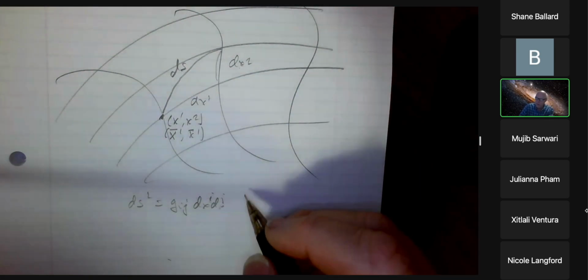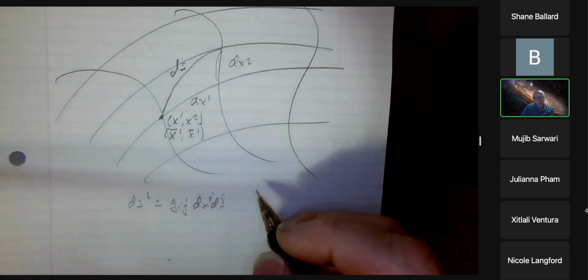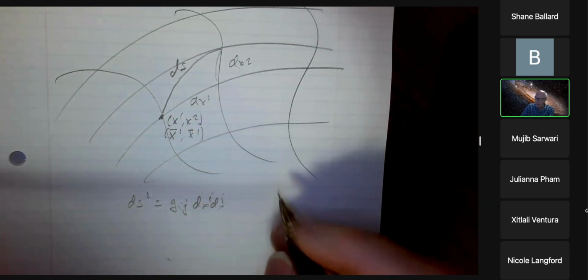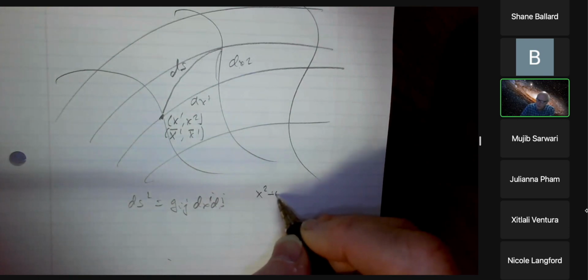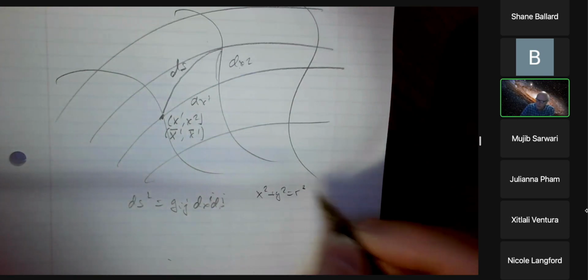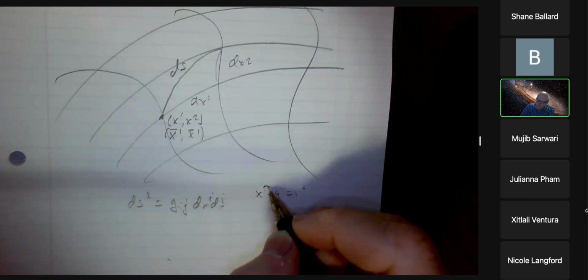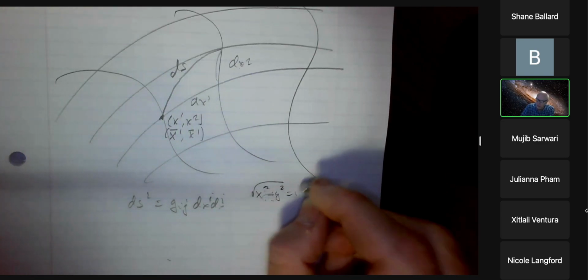Now, in the same manner, you can go from rectangular to polar coordinates and from polar to rectangular. There are equations of transformation. For example, going from rectangular to polar coordinates, you know that x squared plus y squared equals r squared. If you know the rectangular coordinates, you can plug them into this relationship and get the polar coordinate.